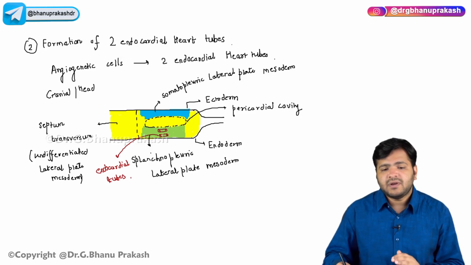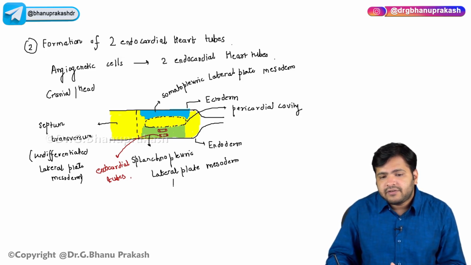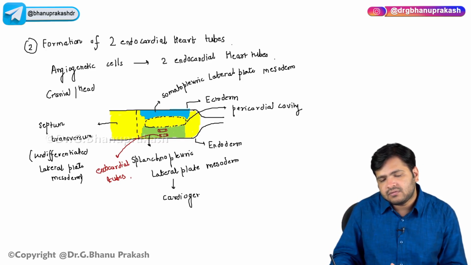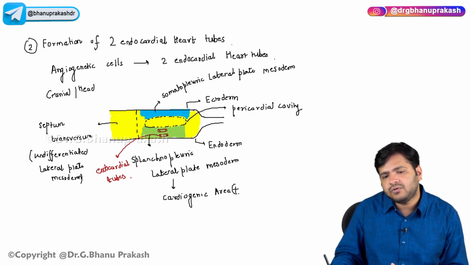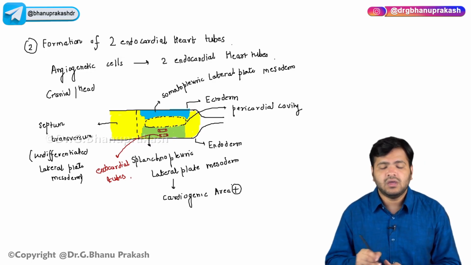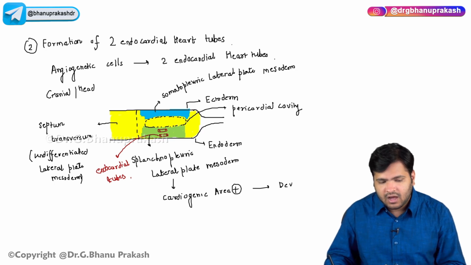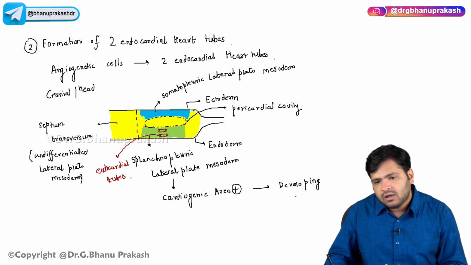Now remember, this splanchnopleuric lateral plate mesoderm is the area where the cardiogenic area is present. In this area you will get the developing heart tube.